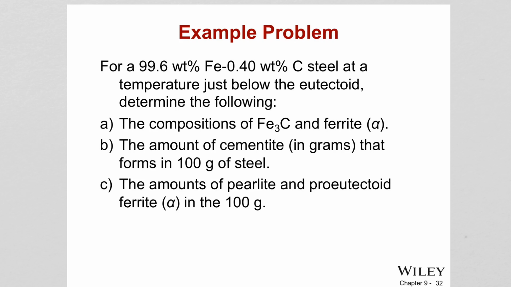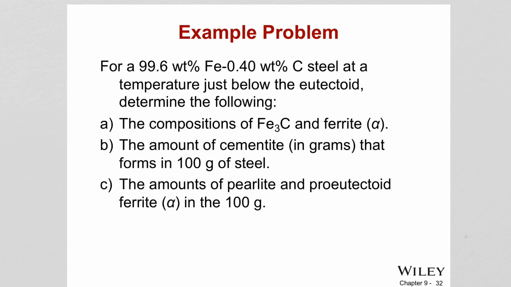So we are looking at the iron-carbon phase diagram and looking at the carbon composition of 0.4 weight%. A, the compositions of cementite and ferrite, and B, the amount of cementite that forms in 100 gram of steel, and the amounts of pearlite and proeutectoid ferrite in 100 gram.